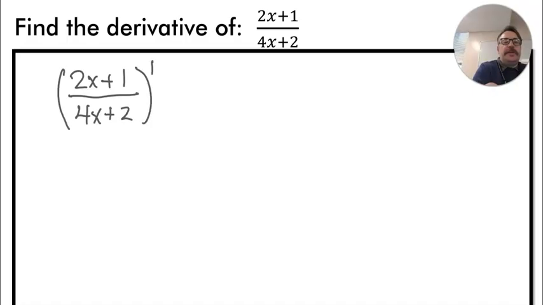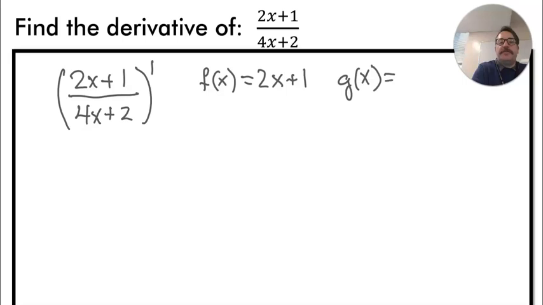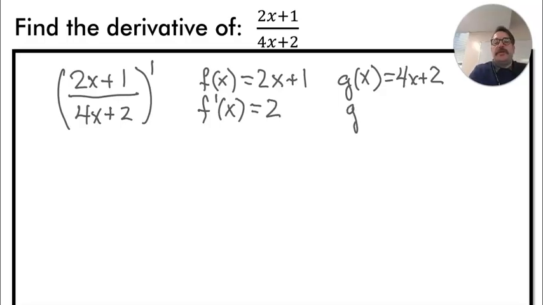We're going to take our top function as 2x plus 1, and our bottom function is 4x plus 2. We're going to need the derivative of each one of these, and those derivatives are a piece of cake. The derivative of 2x plus 1 is 2, and the derivative of 4x plus 2 is just 4.